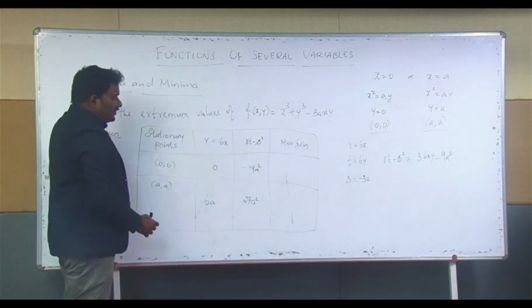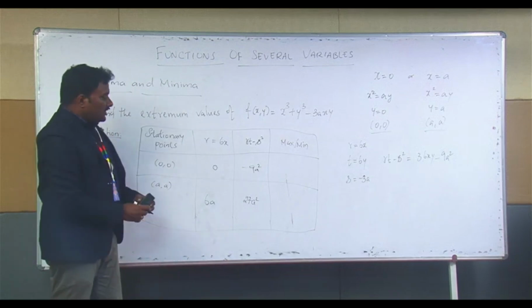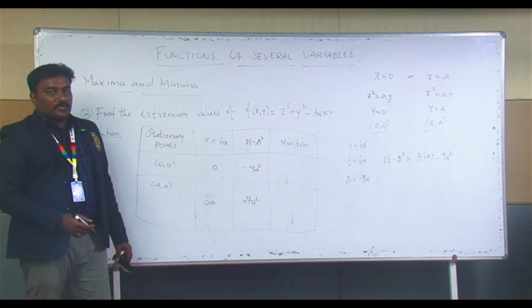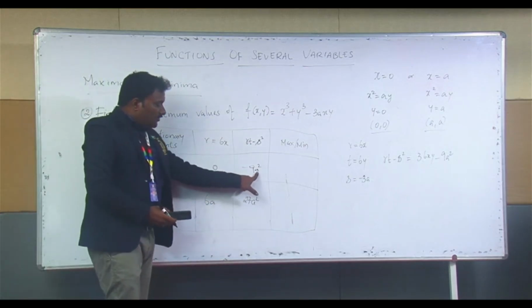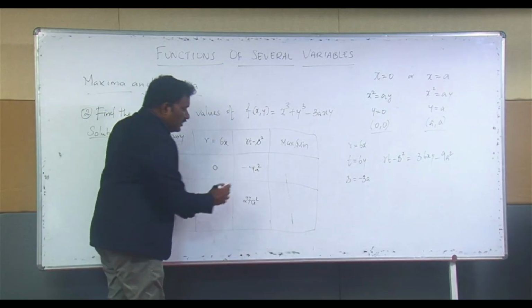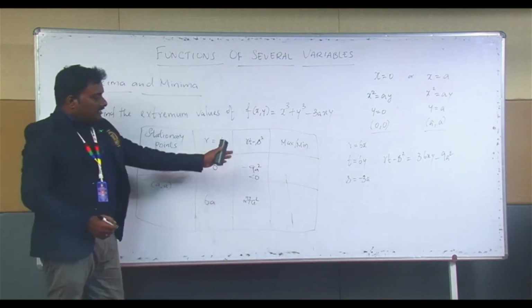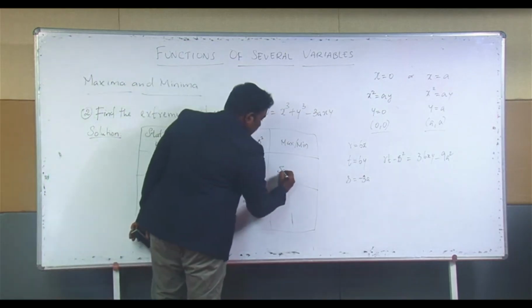Now, the concept of maxima minima is we look at the sign of RT minus S square. For the first point, if you take any value of a, it is going to be negative. So, we cannot obtain any maximum or minimum value from this. This is called a saddle point.